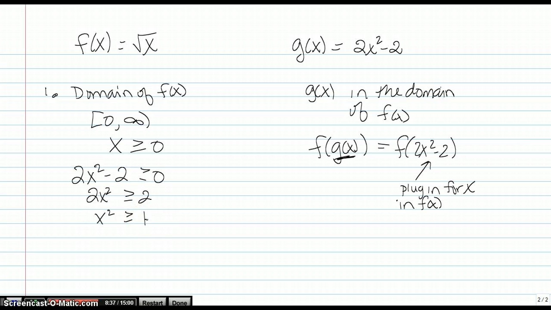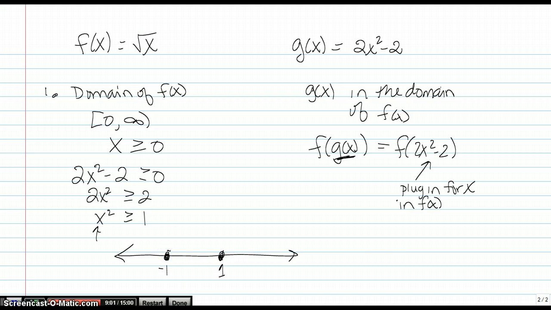We have to remember that we're looking for values of x that cause x squared to be greater than or equal to 1. So if I look at a number line, at 1, 1 squared is 1, so it's equal to there. At negative 1, when I square negative 1, I also get 1, so it's equal to there.